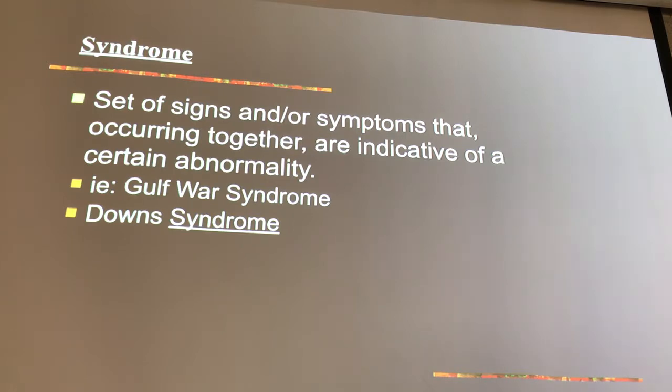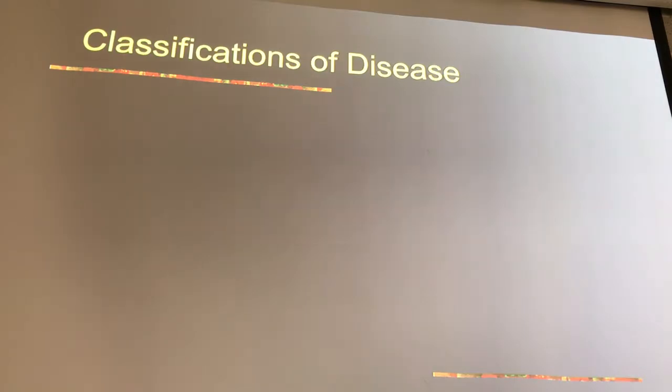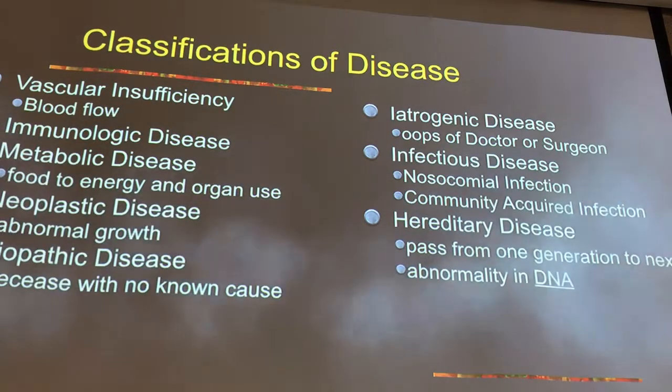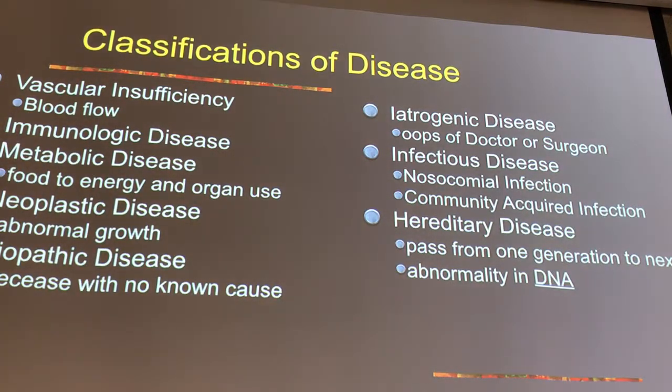Syndrome: a set of signs and or symptoms that occur together and are indicative of a certain abnormality. Gulf War syndrome, I keep saying every year I'm going to change that, because it's beyond most of you. Down syndrome, right? Down syndrome is still pretty relevant. Steve, what is Gulf War syndrome? I don't know. Gulf War? Yeah.